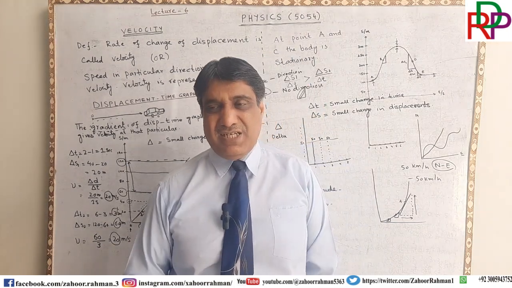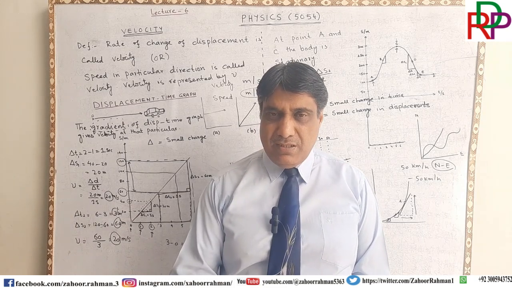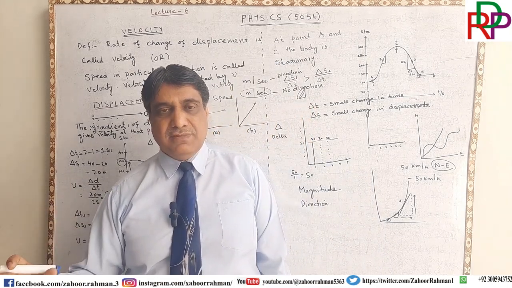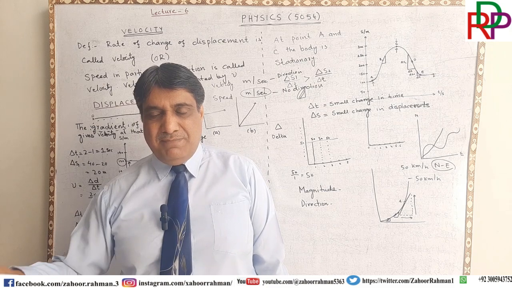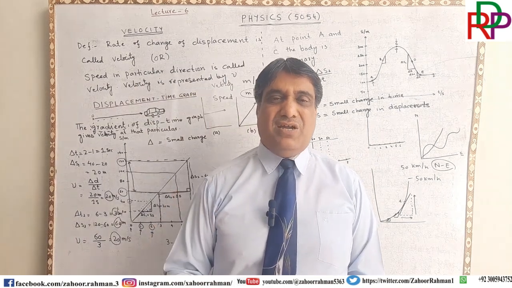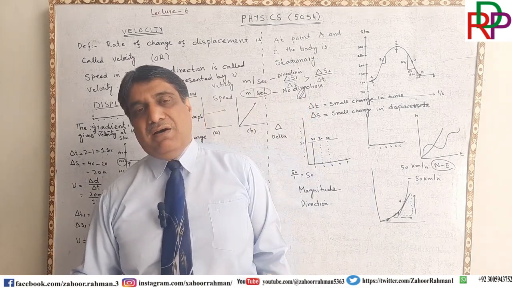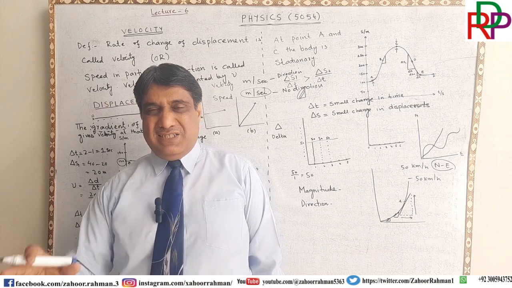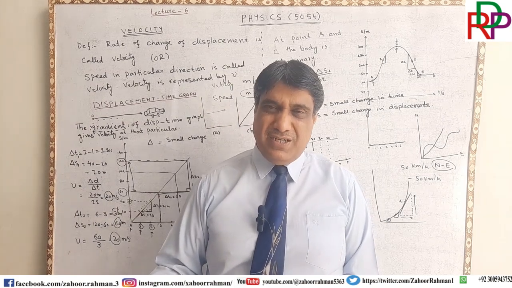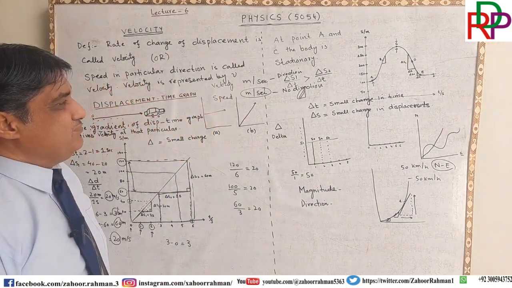If somebody asks you, a car is moving with 50 km per hour, is it speed or velocity? Both have the same unit, meter per second or kilometer per hour. There is no mention of direction here, so it is speed. If there is a mention of direction, for example 50 km towards Islamabad, then it is velocity.